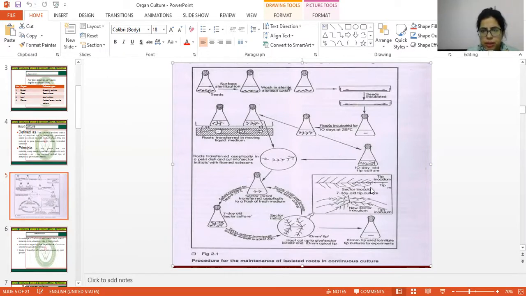This is the tip, and this is the tip inoculum, and these are collectively known as sector initials, sector inocula, 10-day-old tip culture, and these are new sector inocula. These sector initials can be used further for new sector initial culture preparation. So that's how root culture happens.